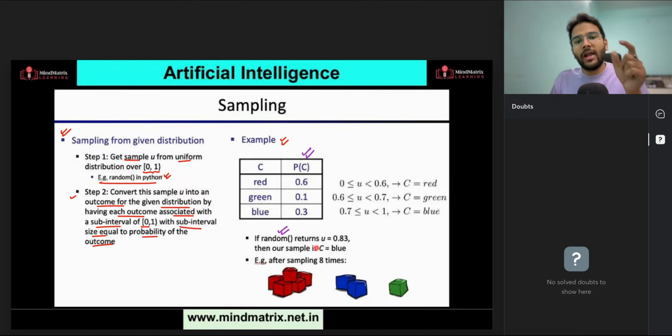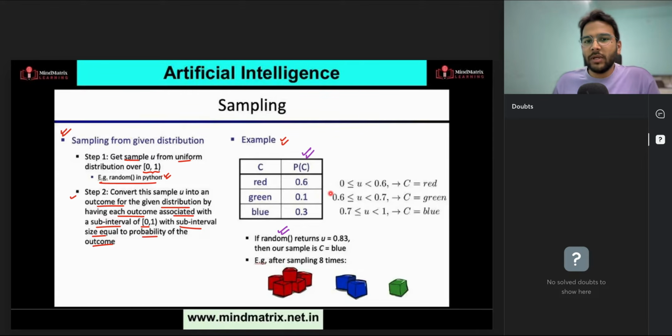How can this value be mapped to this particular distribution, so that you can associate that value with the outcome of the event you are considering?